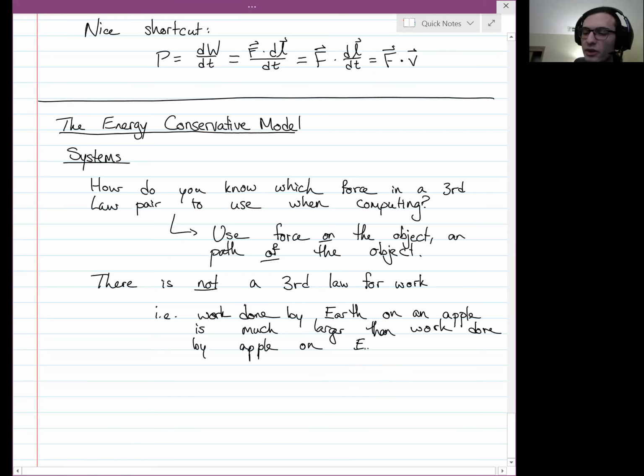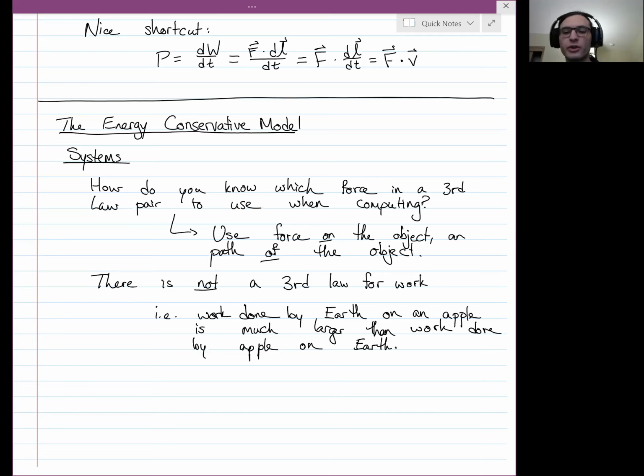Now, one reason for this, hopefully you can see fairly clearly, is that the forces exerted are equal in magnitude, right? The Earth exerts some force on the apple, pulling it down, and the force is equal to the mass of the apple times g. The same magnitude of force is the force applied by the apple on the Earth. It gravitationally attracts the Earth and moves the Earth up a little bit. Because the forces are the same, you might say the works are the same.